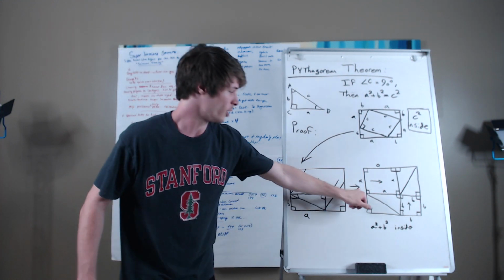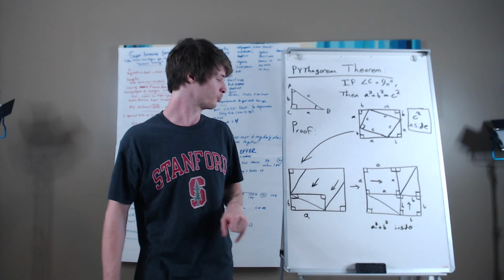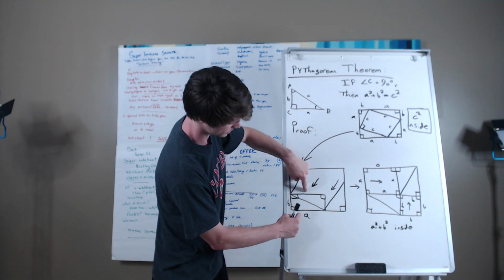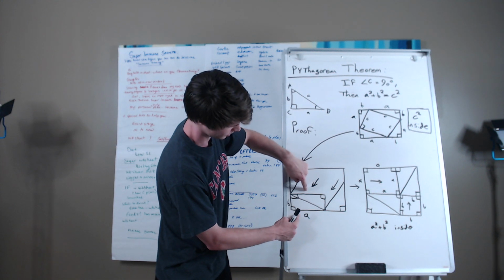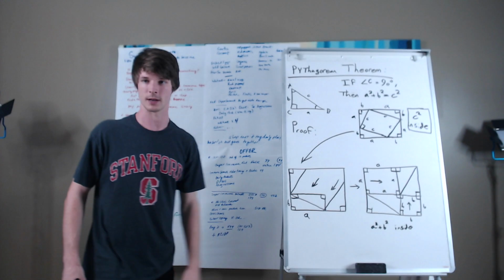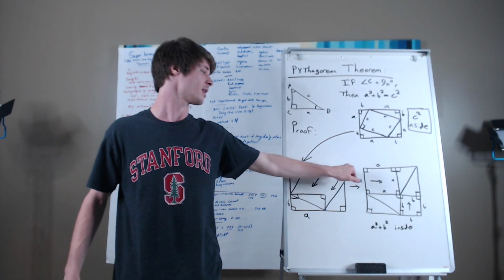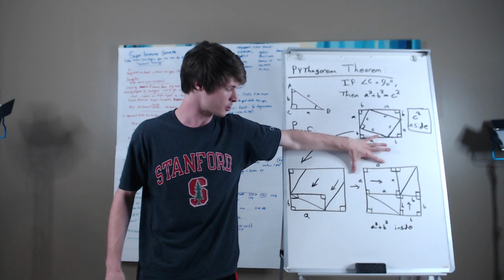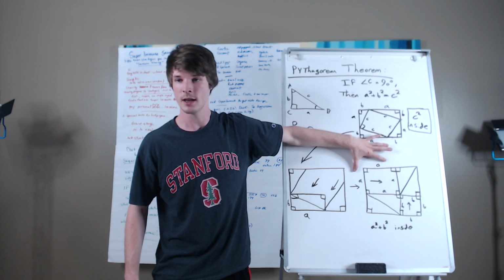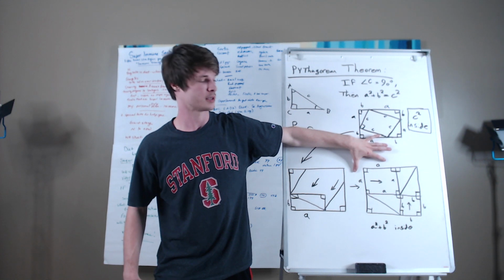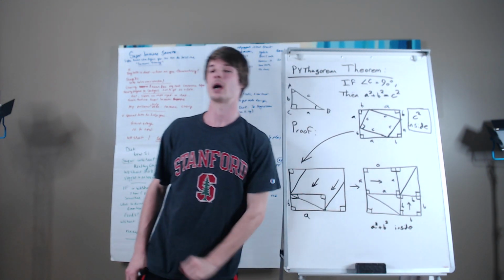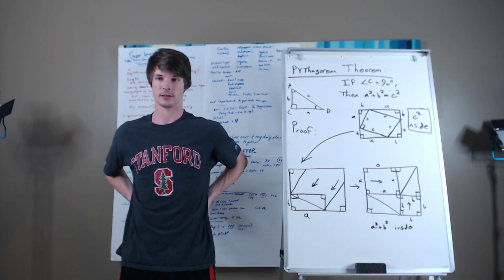So every single one of these is meeting at a 90 degree angle, and because this rectangle has side length A on this side, just as this rectangle does, because they were formed from the same triangles, that means that this top square in this portion of my larger controlling square has got to be a square with side length A on all sides. Just like in my bottom corner, I'll have a square with side length B on all sides.